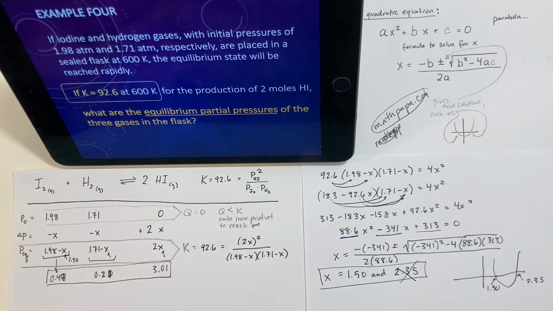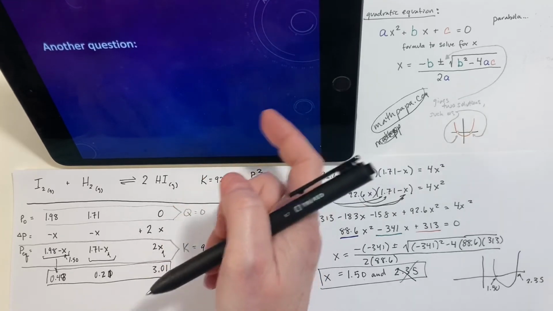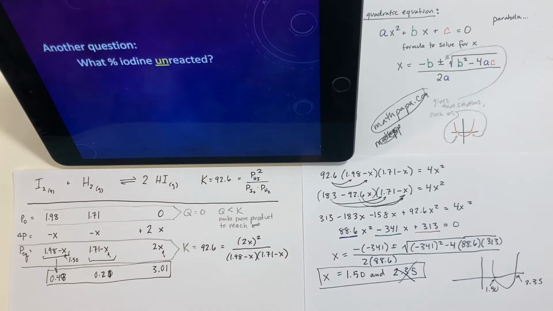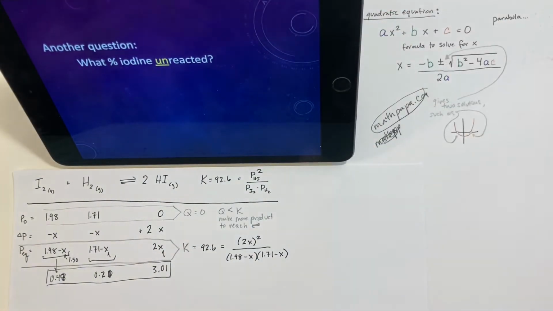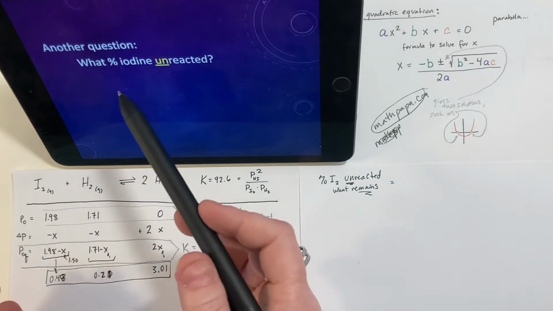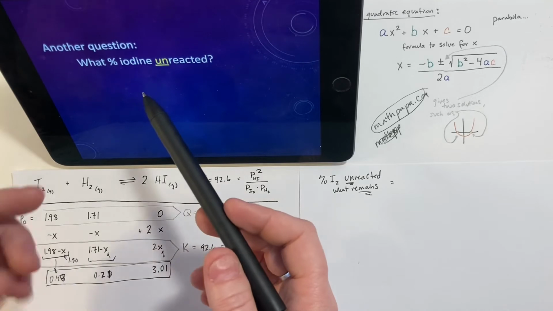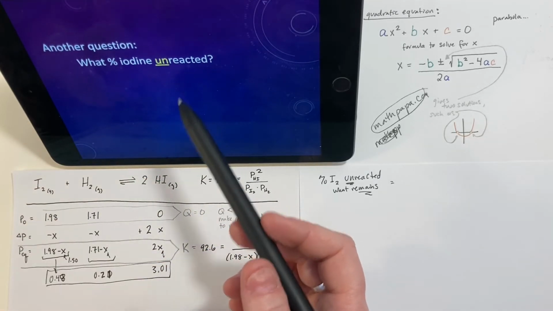Great. Now we could ask another common question about this equilibrium situation. After you find the equilibrium partial pressures, you often want to know something about the reactant, like in terms of percentage. What percent iodine is unreacted in the mixture?